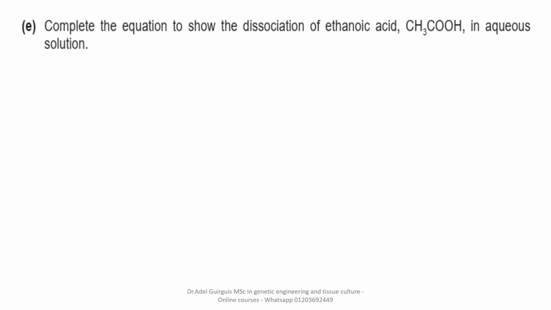Letter E. Complete the equation to show the dissociation of ethanoic acid CH3COOH in aqueous solution. What about ethanoic acid? Ethanoic acid is an organic acid. All organic acids are weak or very weak acids. Here ethanoic acid is a weak acid. What about its dissociation?